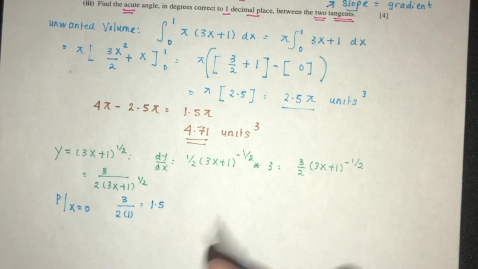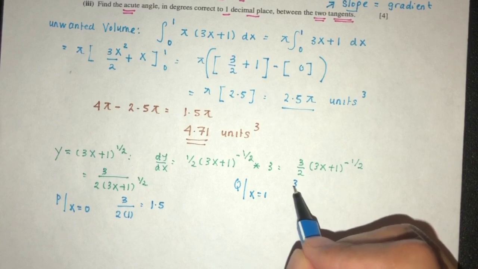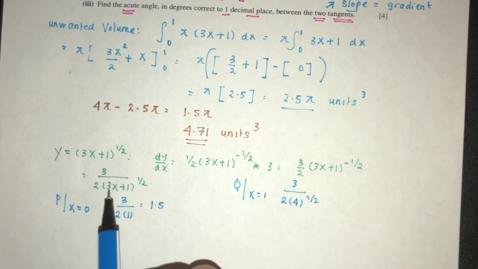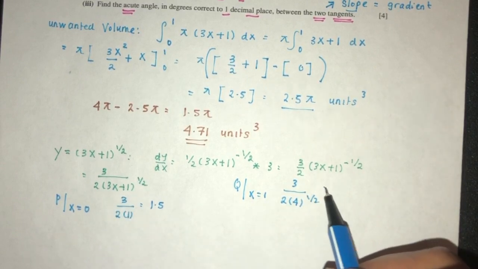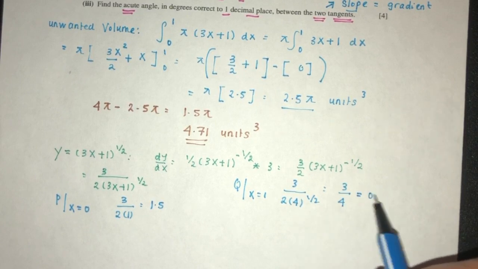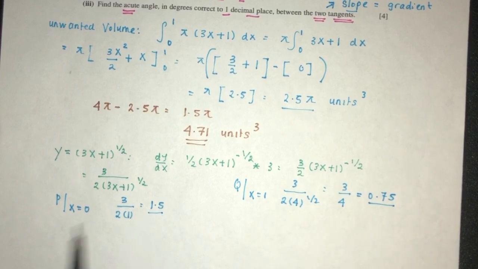That's the slope of this one. Now the point Q, where the x value is 1, you will have 3 over 2 times (3 times 1 is 3, plus 1 is 4) power half, which is just 2. That will be 3 over 4, and that should be 0.75. So now we have the slope of both tangents. We can find the angle in between pretty easily.